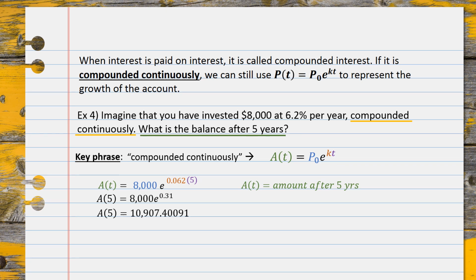Now keep in mind, this time we are talking about money, which means we need to pay attention to the number of decimals. We can only keep two values to the right, so we round appropriately. In this case, we will not round up. It will stay the same. So, after 5 years, the balance would be $10,907.40.